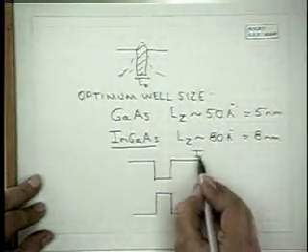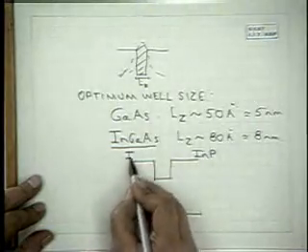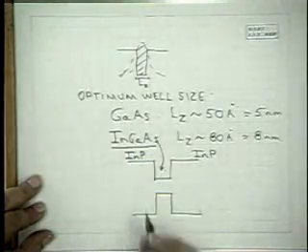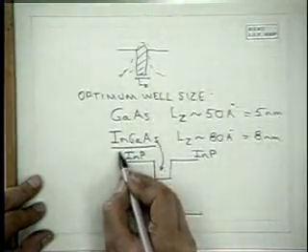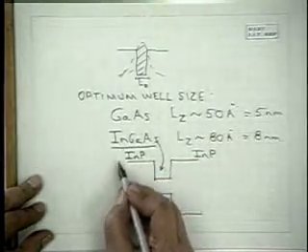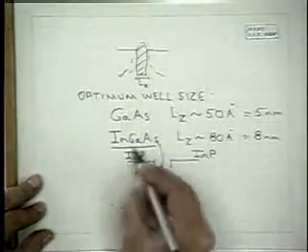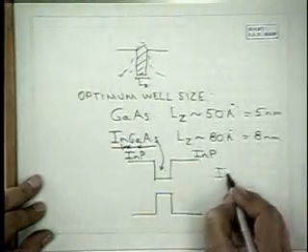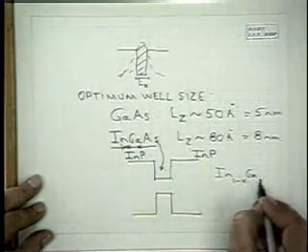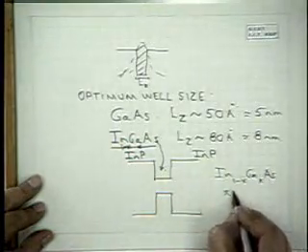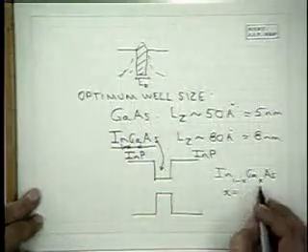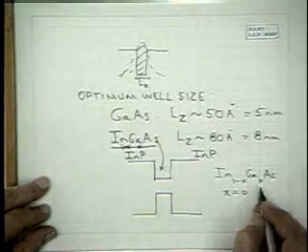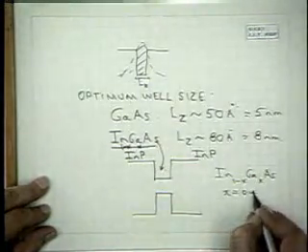In which the barrier is made out of indium phosphide and the well is made out of indium gallium arsenide, which lattice matches at a particular value of x equal to 0.47.